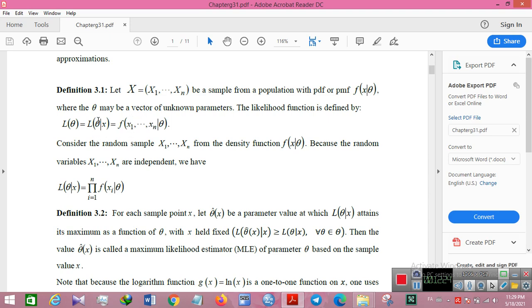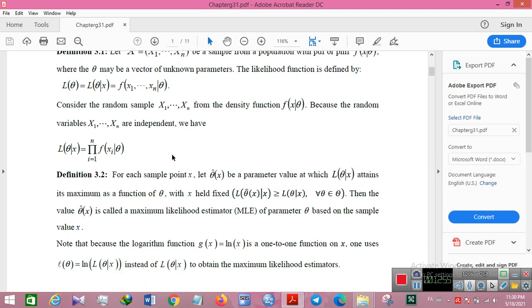So when you find theta hat which makes the likelihood function maximum, in fact we find the theta which maximizes the probability of the sample, which is the best way to know, because this sample has happened, so this sample has the maximum chance of happening.